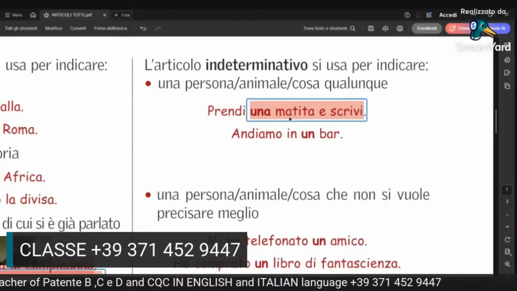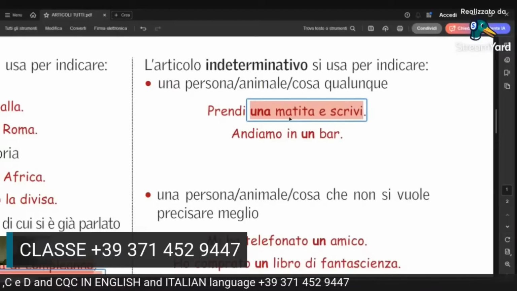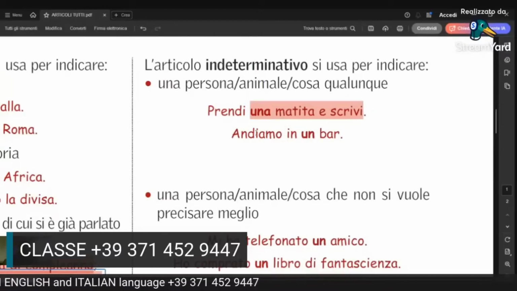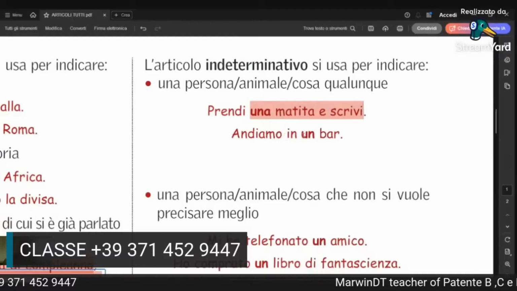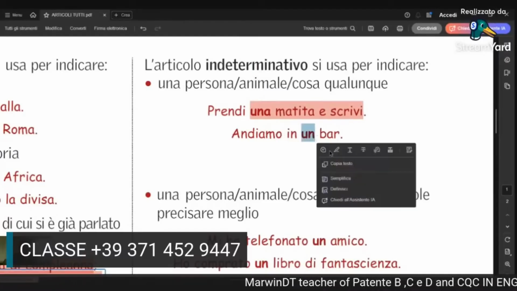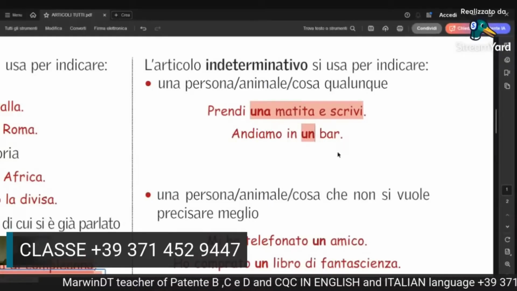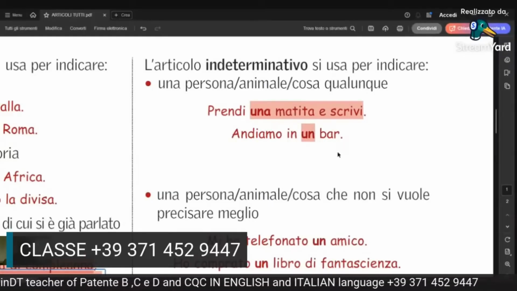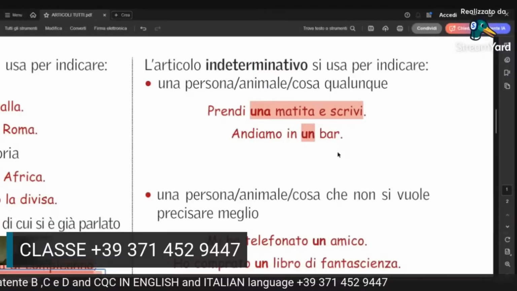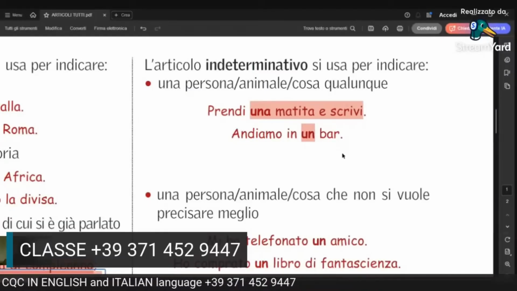Matita is pencil. Scrivi means write. Andiamo in un bar. Let's go to a bar. Un bar, it does not tell you which specific bar, but just any bar at all. Andiamo in un bar. Okay?